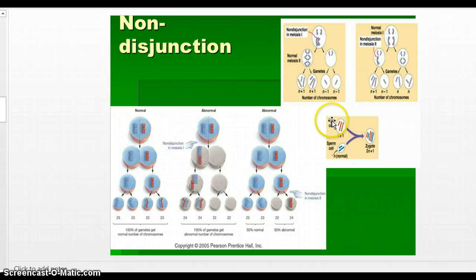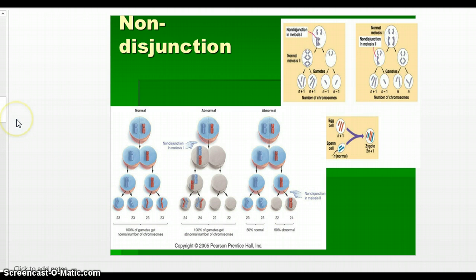So here, if you look at the egg, it has 3 reds, and the sperm has 2 blues, and there really should only be 2 of each. So it's coming together, and you have 2 blues. You don't have 2 reds, you have 3 red. And so you have an extra chromosome. That's non-disjunction. And there are some other lectures out there that we're going to be watching about non-disjunction.